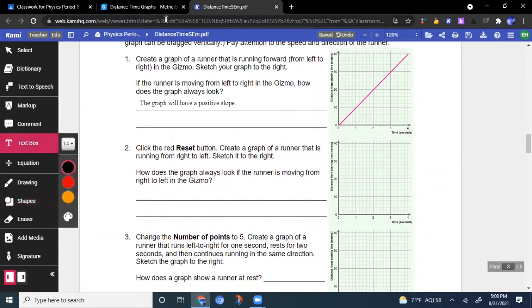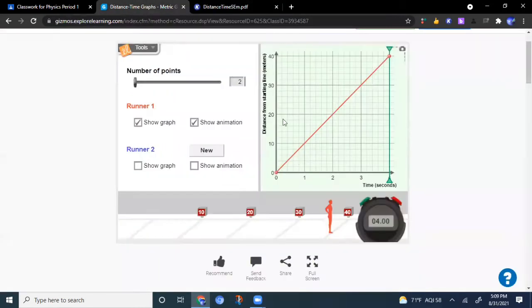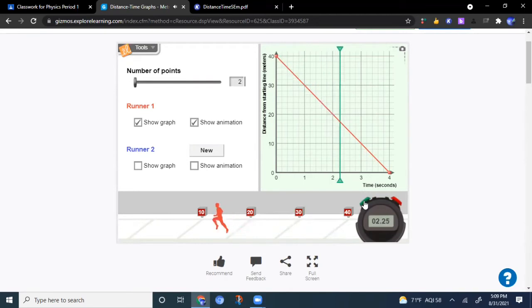Number 2, click the red reset button. Create a graph of a runner that is running from right to left. Sketch the graph. Well, we could do exactly the opposite. Start at 40 and end at 0. You can see the runner is running from right to left. So what must be needed in order for a runner to go to the left?